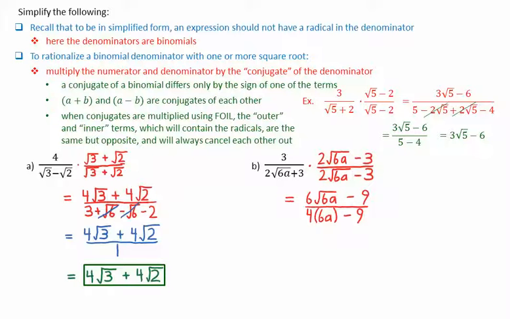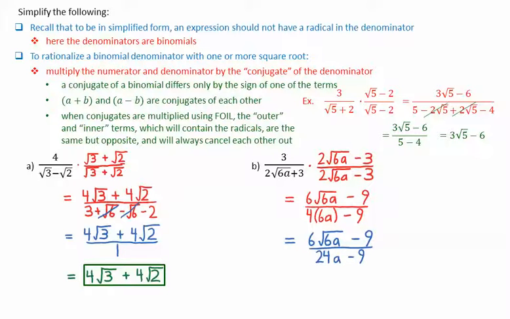On the bottom, I have not included the outer and inner terms that are simply going to cancel out. The 4 times 6a corresponds to 2 times root 6a times 2 times root 6a. 2 times 2 gives 4, and root 6a times root 6a gives 6a. The minus 9 corresponds to the 3 times negative 3.